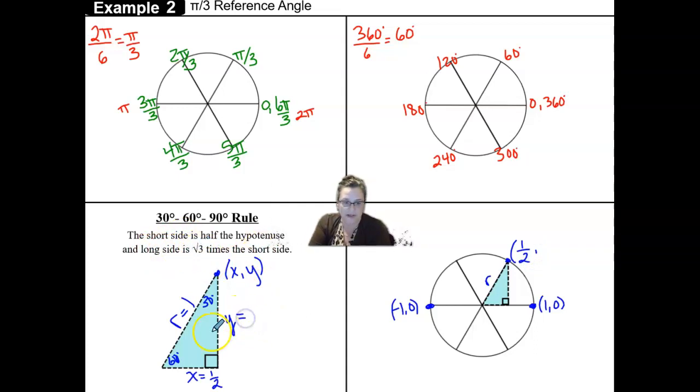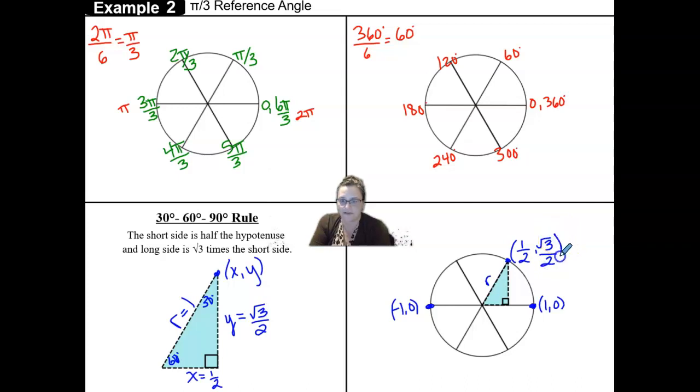So the long side, the one opposite the 60-degree angle, is square root of 3 times 1/2, which is square root of 3 over 2. And that is the y value of my coordinate for the reference angle pi over 3.